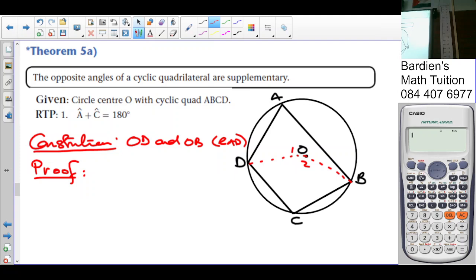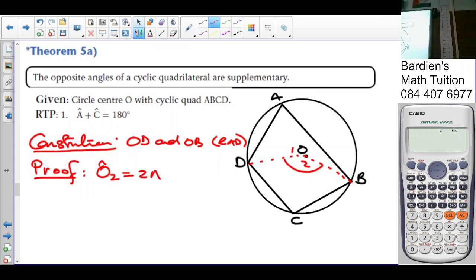So, what can be said now? We can say that angle O2 is equal to, angle O2 is equal to what, people?